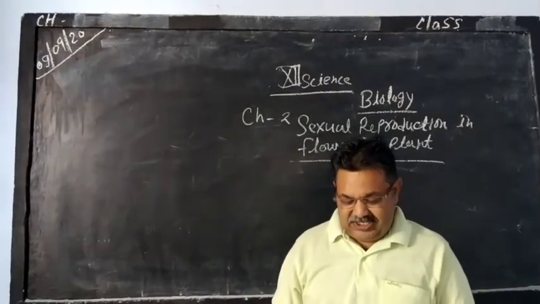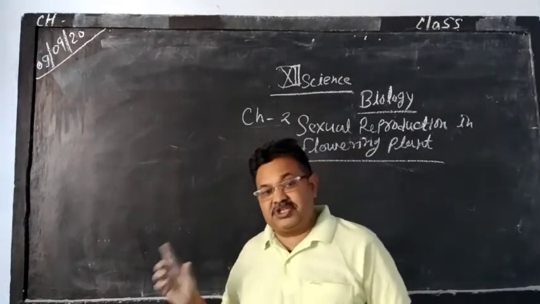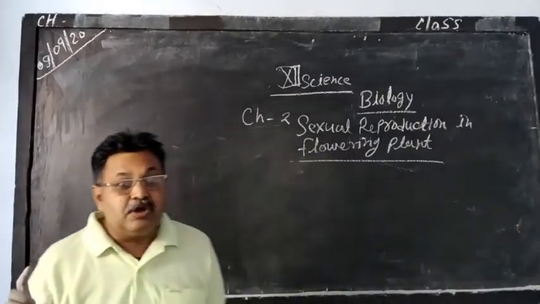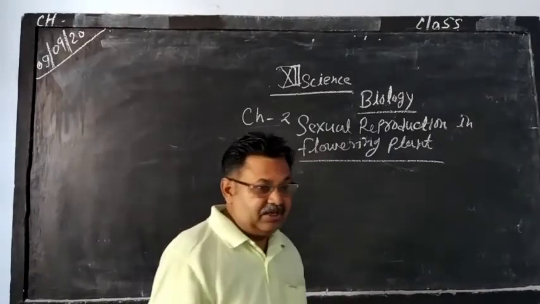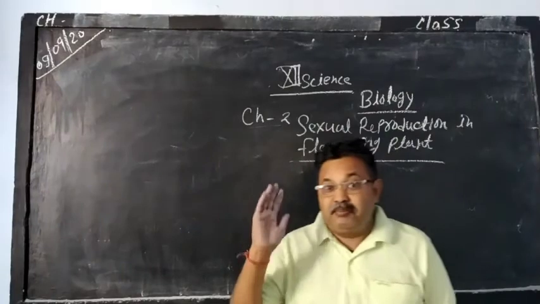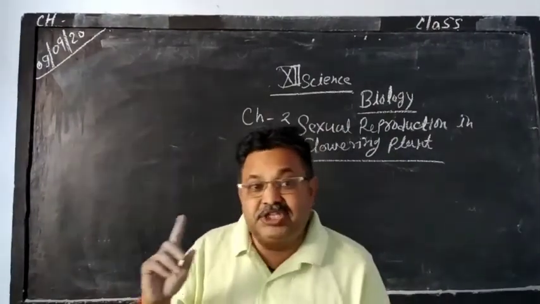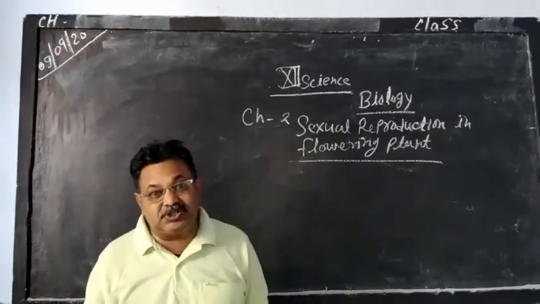Now next thing is parthenogenesis. Formation of seeds or eggs without fertilization. Normally for formation of seeds fertilization is necessary, but formation of seed without fertilization is known as parthenogenesis.